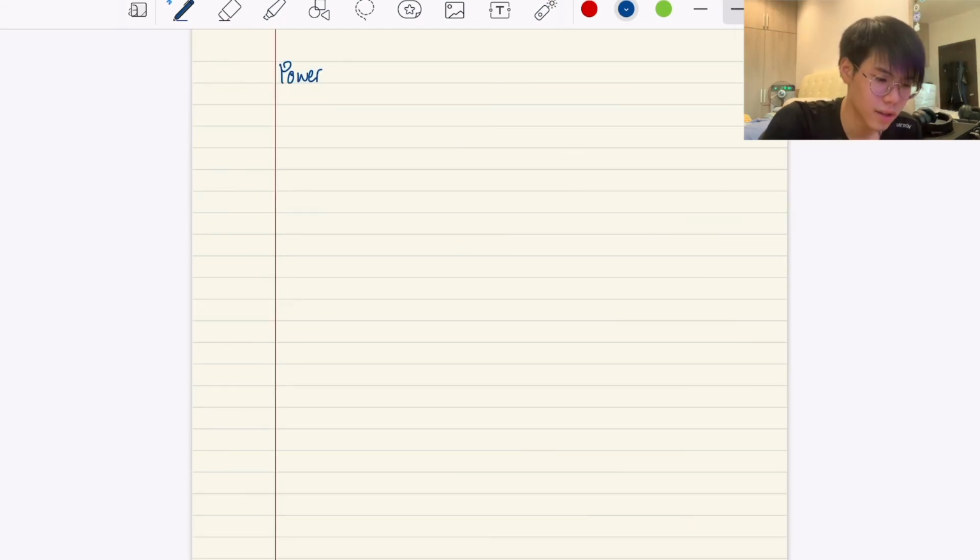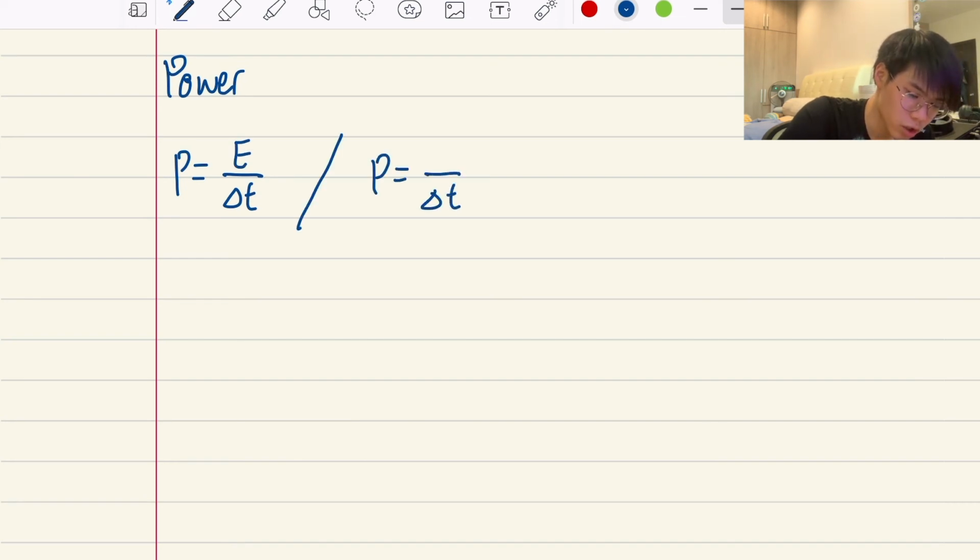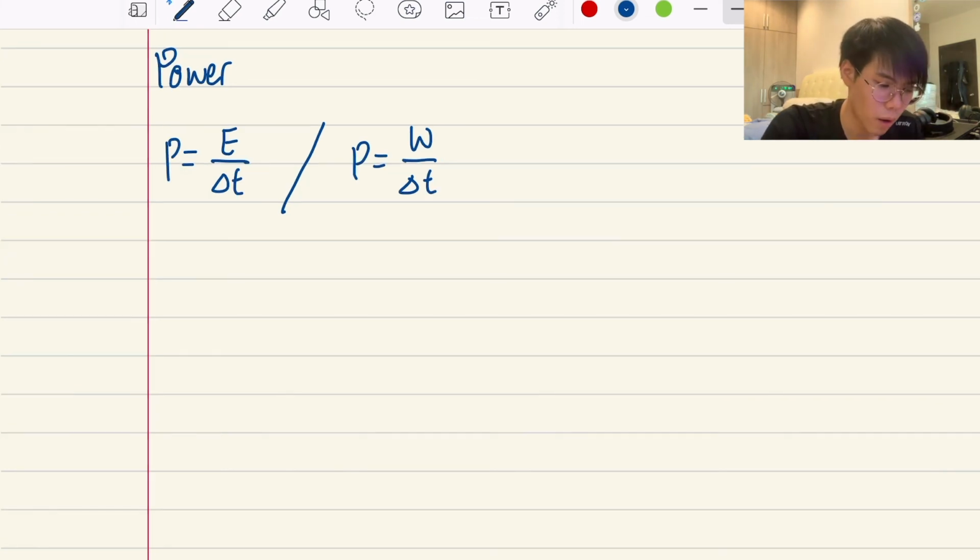The last thing in this chapter is power. What is power? Power is the rate of change of energy, or the rate of change in work done, which is the same. So this is the definition for power.